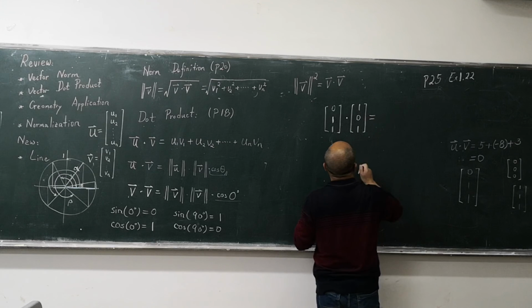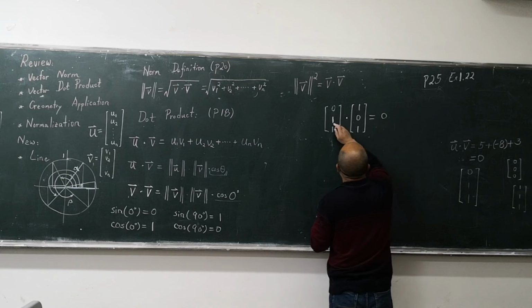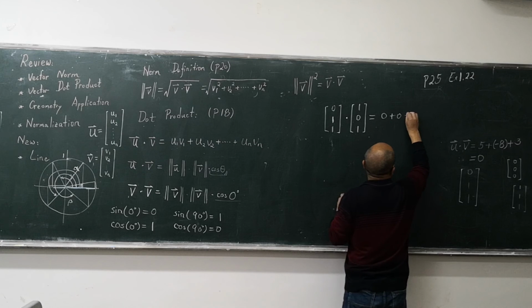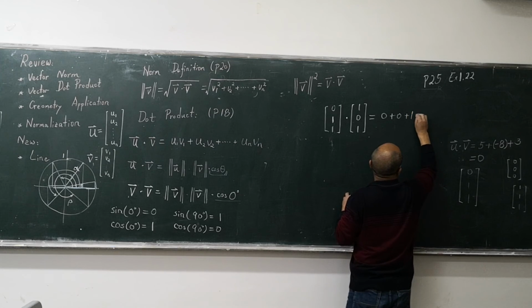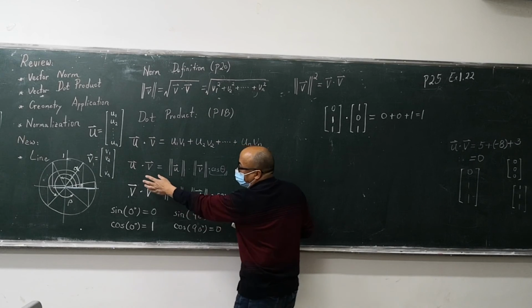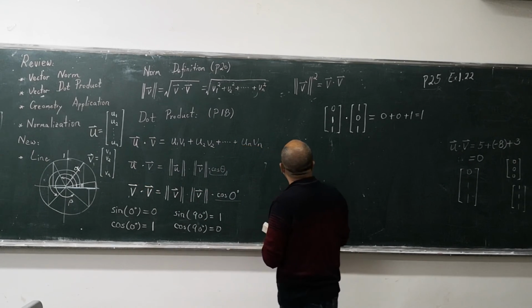We dot it. What's the result? 0 times 1, that's easy, okay? 0, 1 times 0, that's easy. 0 plus 0 plus 1, okay? So it's 1. So we know the left side is 1.